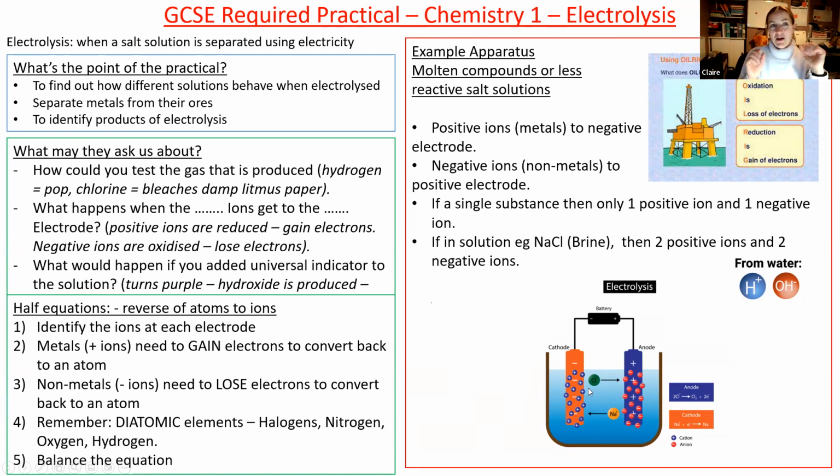It's about conductivity of electricity. The principle is that electricity will pass through something or a solution if you have free mobile ions. If the ions are fixed together in a solid, they're not moving, and therefore the electricity cannot pass through.